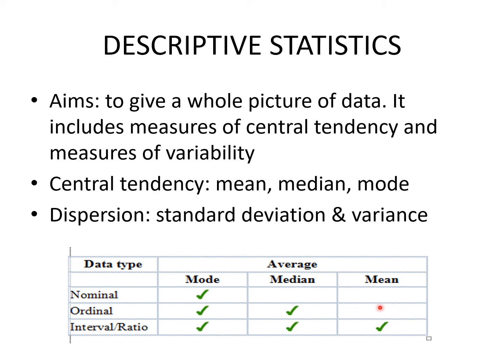So if we count the mean, the average score of the students, it makes sense because it is, let's say, 0 to 10 or 0 to 100. It's a continuous variable. But if we count gender, for example male and female, then we can just count the mode because we need to know the number, but we cannot count the average because it doesn't make sense.